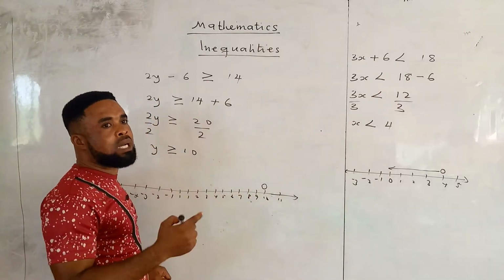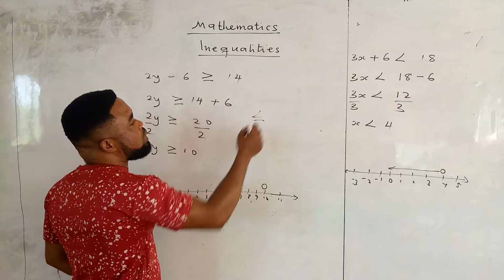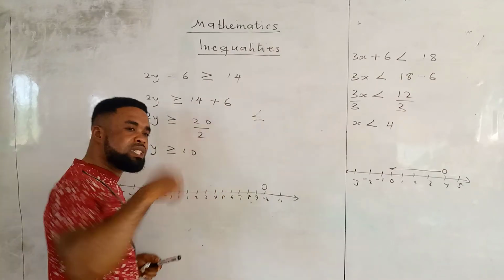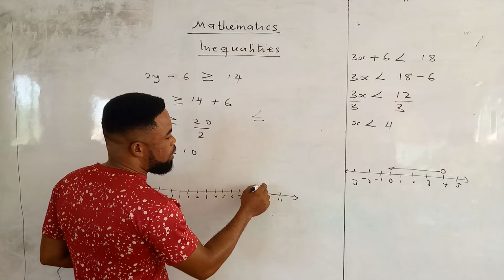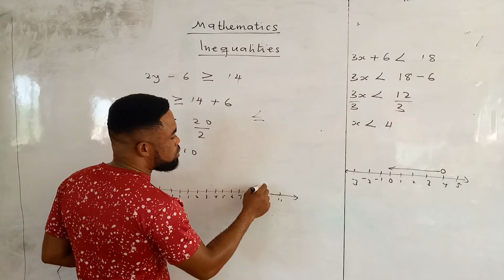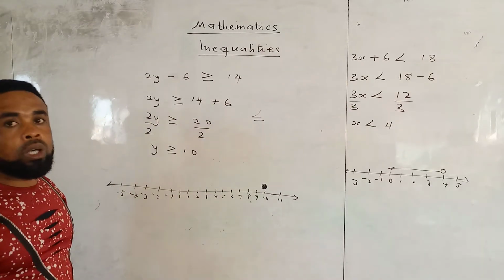Whenever your answer is part, whenever you write greater or equal to, or less or equal to, it means that that actual answer you had is part. So here we said greater or equal to.